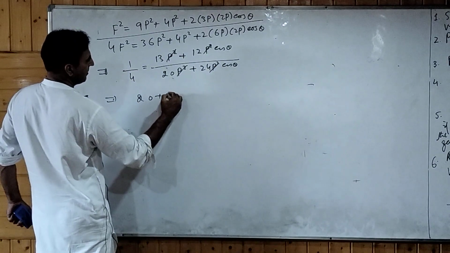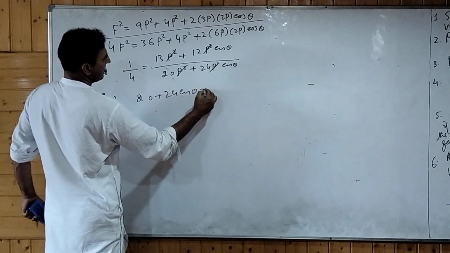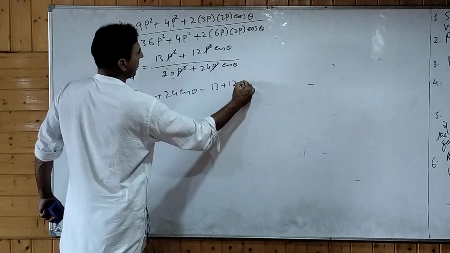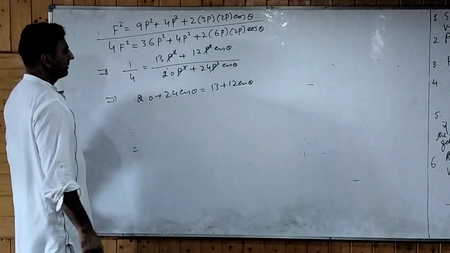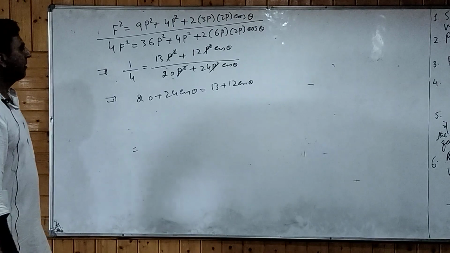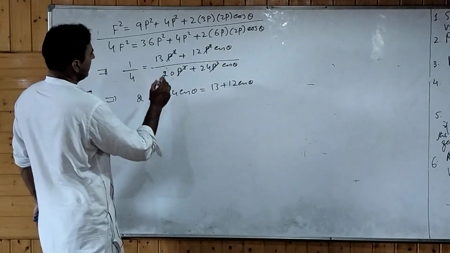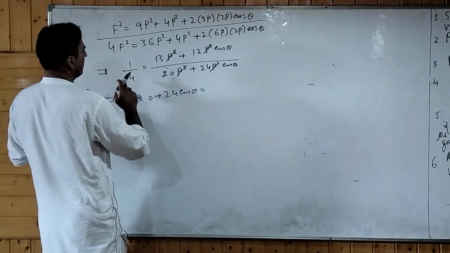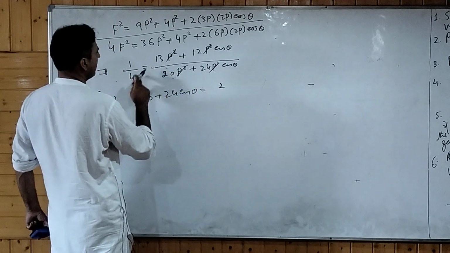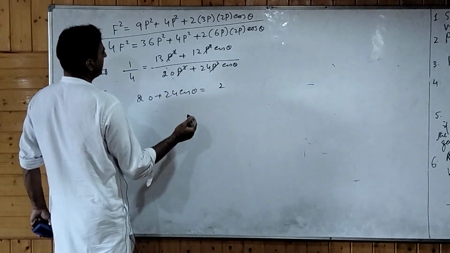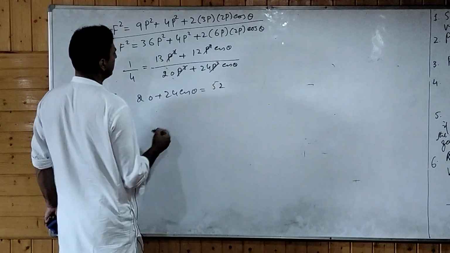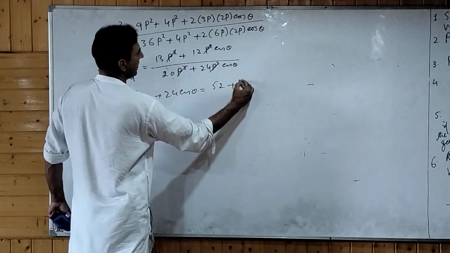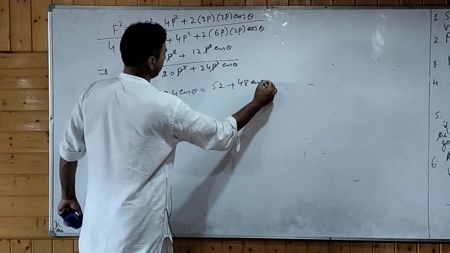When we cross multiply, 40 plus 24 cos theta is equal to 52 plus 48 cos of theta.